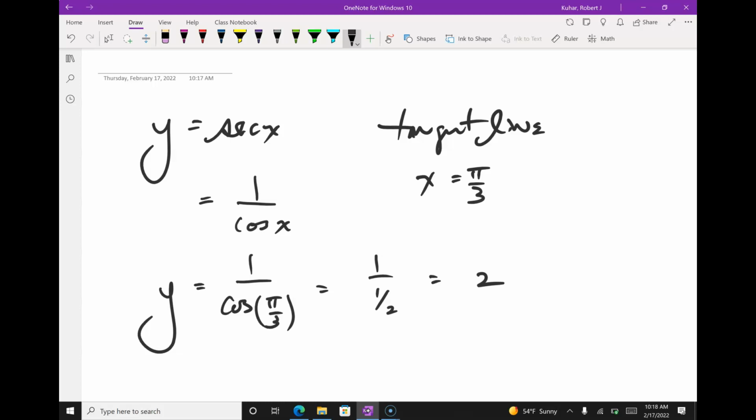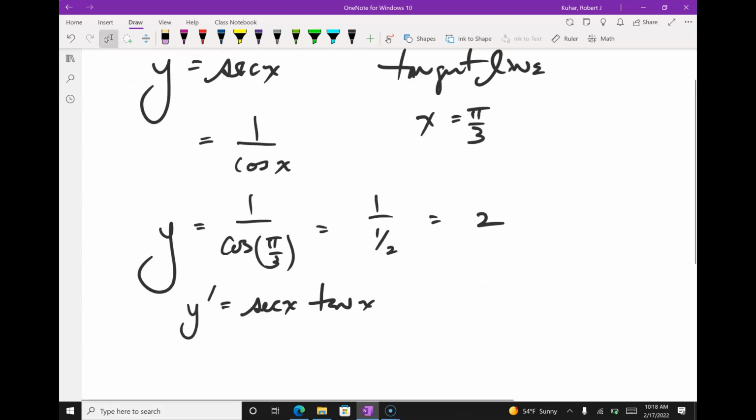So now I want to get the derivative, but I already know the derivative and I've got it memorized. I know that y prime is secant x tan x. Yeah? So I can get my slope of y prime at pi over 3.